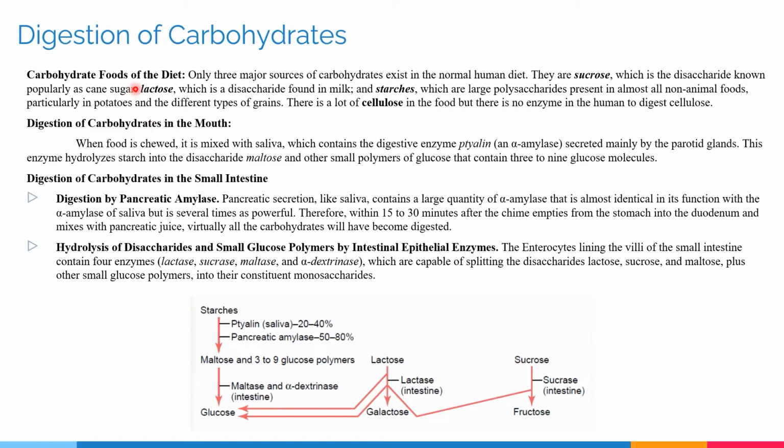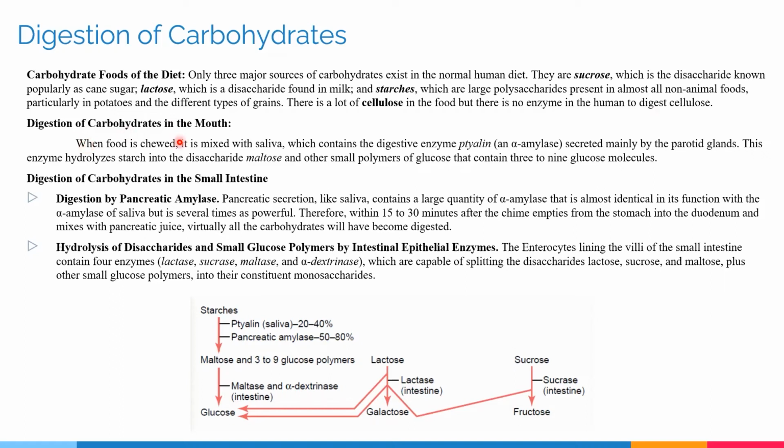The carbohydrate food of our diet consists of three major sources, which include sucrose, which is a disaccharide popularly known as cane sugar, lactose, which is a disaccharide present in milk, and starches, which are large polysaccharides present in almost all non-animal foods, particularly in potatoes and grains. There is a lot of cellulose present in the food as well, but there are no enzymes in humans to digest cellulose.